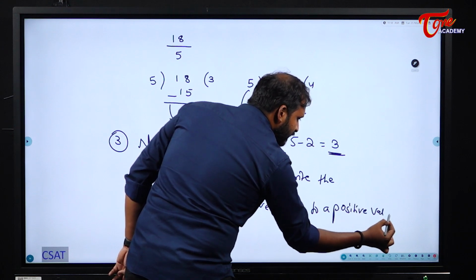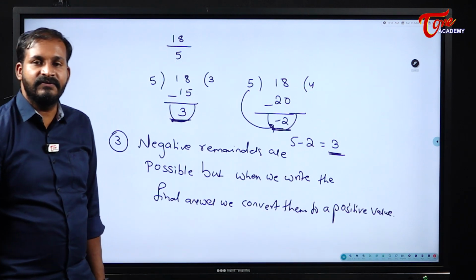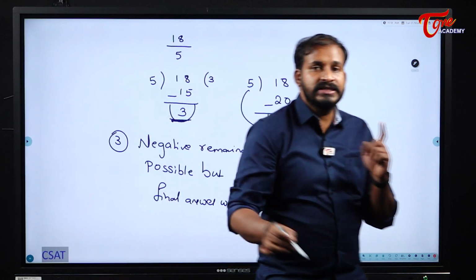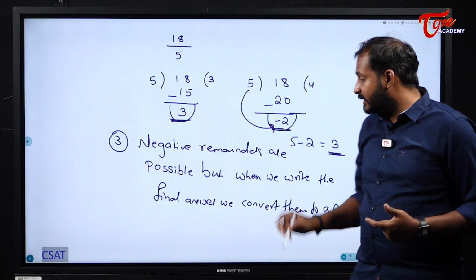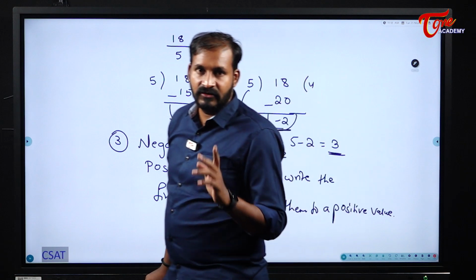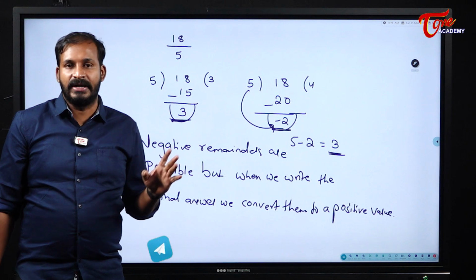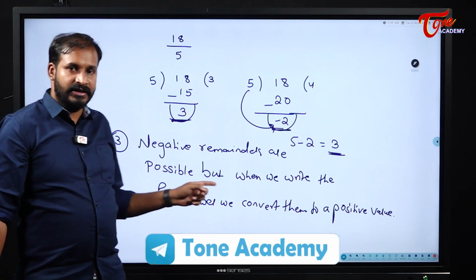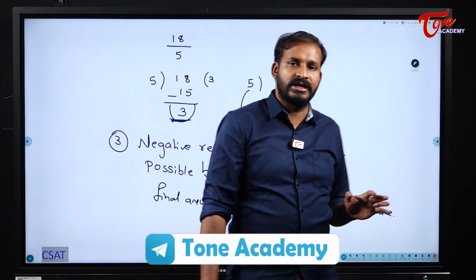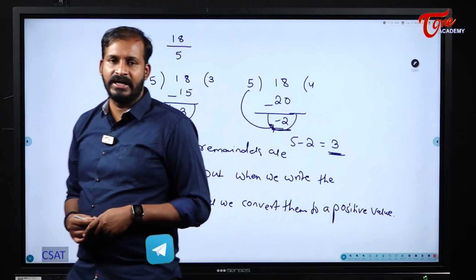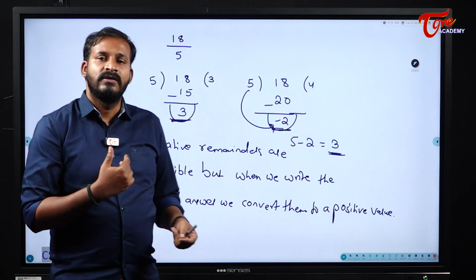Okay, at the intermediate levels, we can have negative remainders, but when we write the final answer, we should always convert them into a positive one and then only write our final answer. In this manner, we take the help of negative remainders. Okay, sir, good. Where these negative remainders are helpful, we will see now.